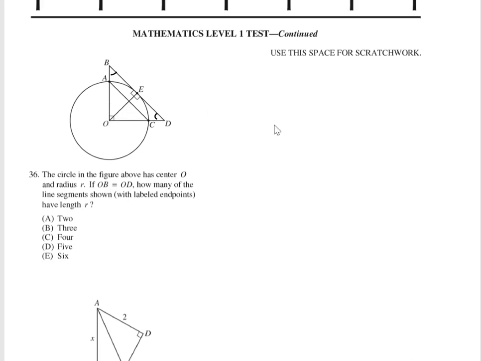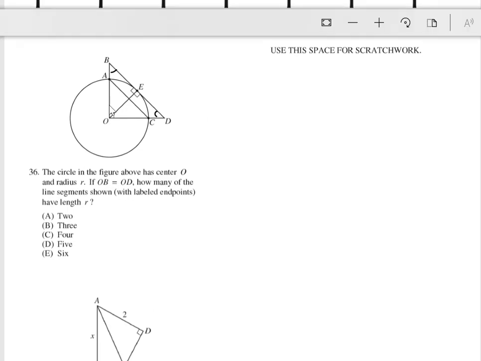Obviously, the segments that connect the center of the circle with a point that lies on the boundary of the circle will always be radii, right?